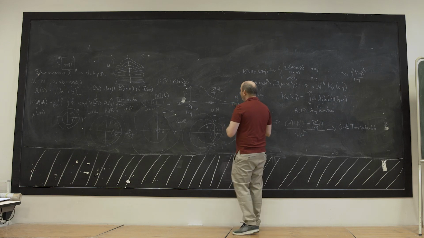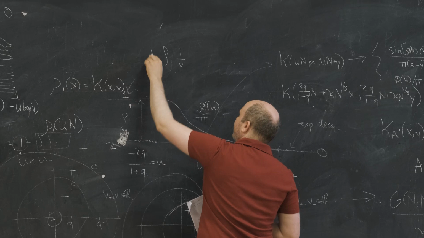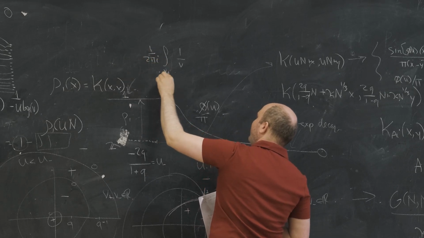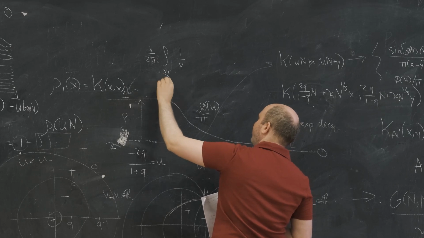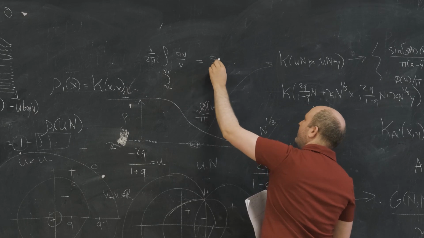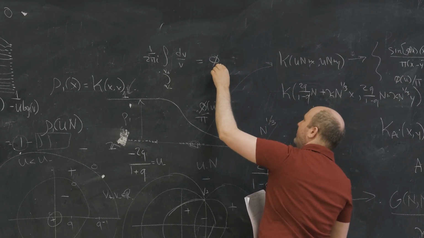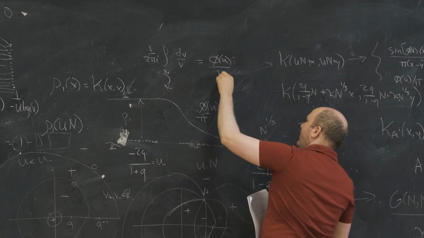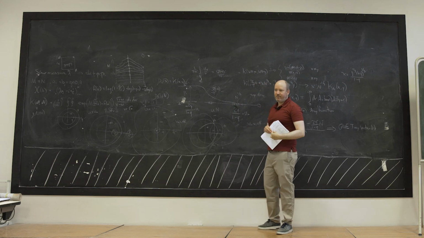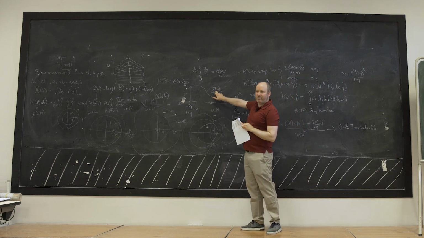In fact, what the integral ends up being is the integral of 1 over 2 pi i between v plus and v minus on this part of the curve, dv over v. But this is exactly equal to the angle divided by pi. So that's the angle of this arc. And that's what proves this formula.